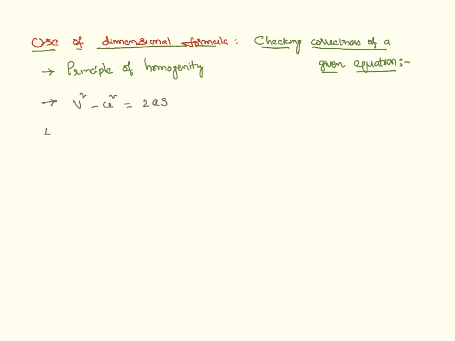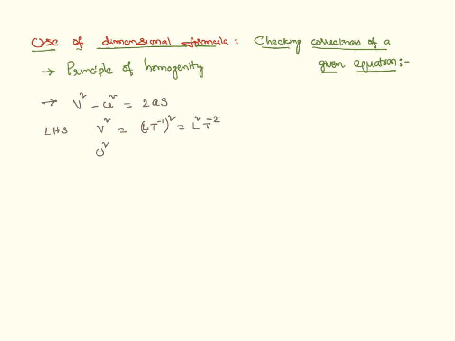So I would like to write the dimensions of LHS. LHS is the subtraction of the two terms. V is the velocity, the rate of change of displacement. It's nothing but LT power minus 1, whole square. So the dimensions of v square is L square T power minus 2.